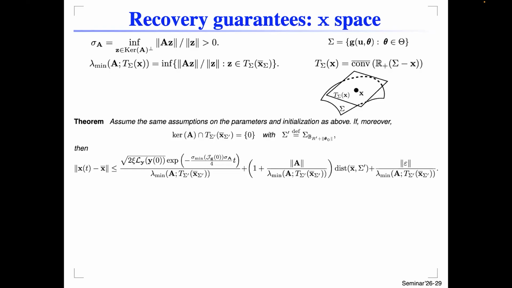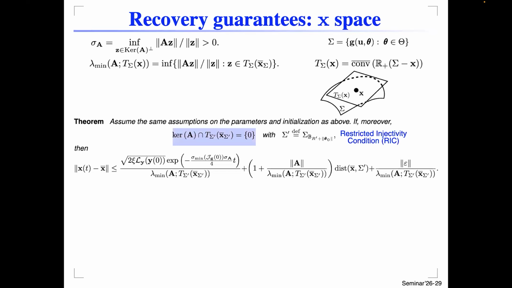If A is invertible on this tangent space, I can go from this to this and vice versa. What I have to pay is the smallest singular value of A on this tangent space. This is what you see here. It's exactly the same quality as before, except that lambda min appears everywhere. That's it. This is the restricted injectivity condition.